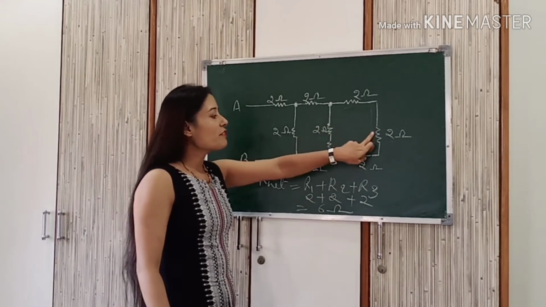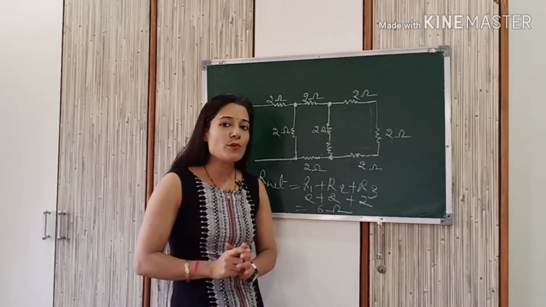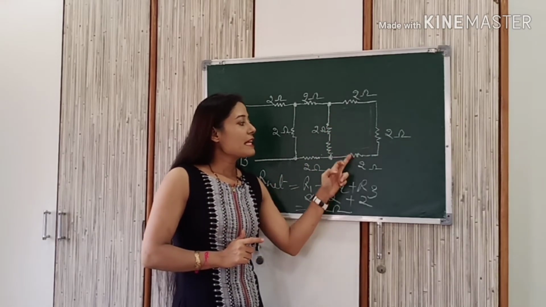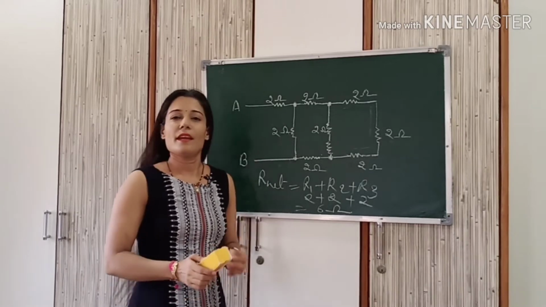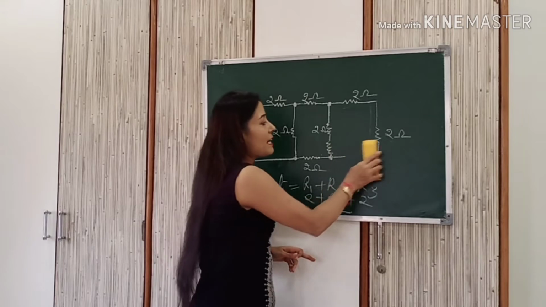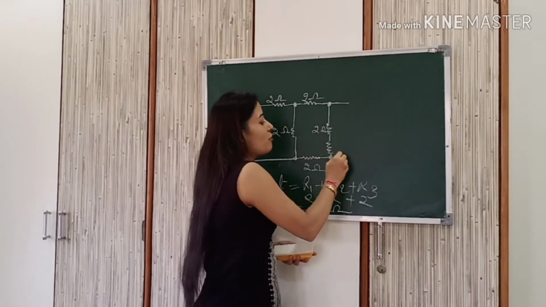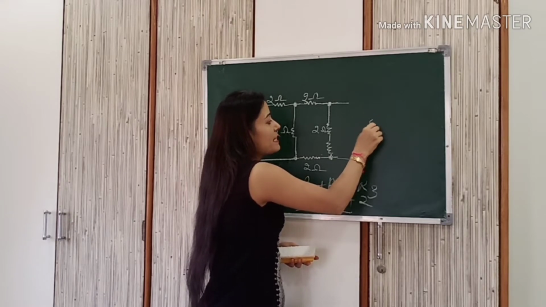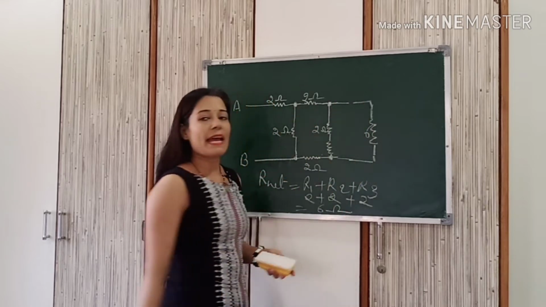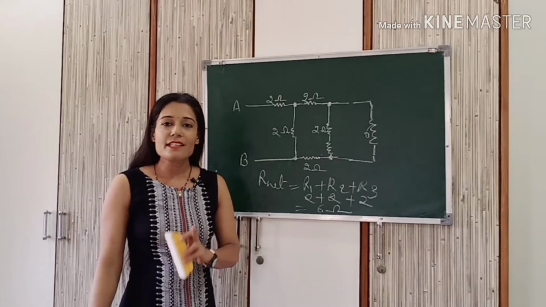So in place of these three resistances, we can connect only one resistance of equivalent value 6 ohm, like that. This is the redraw of the original circuit diagram.